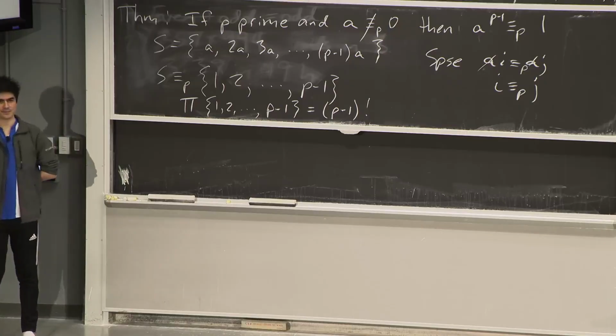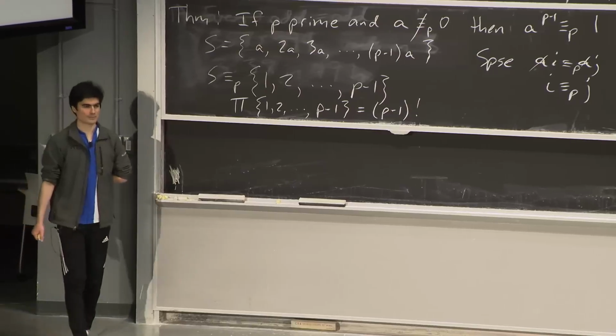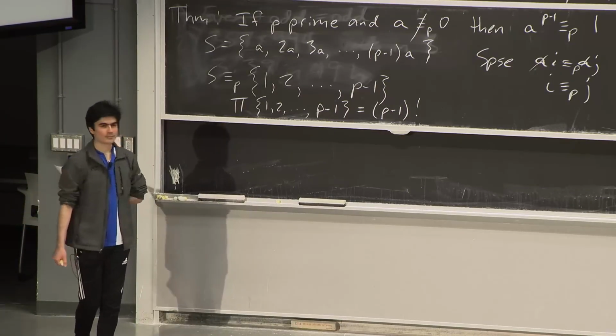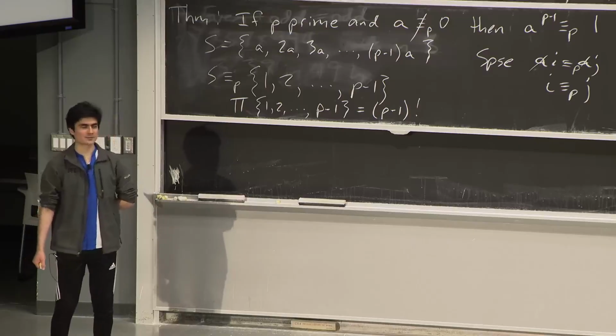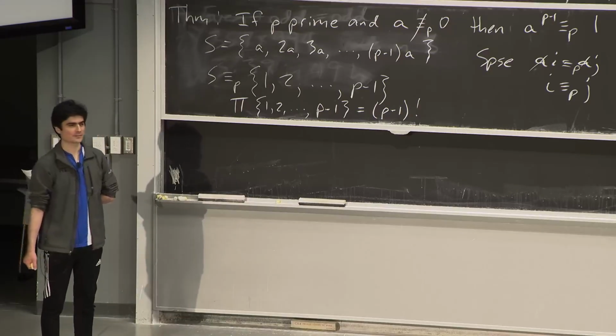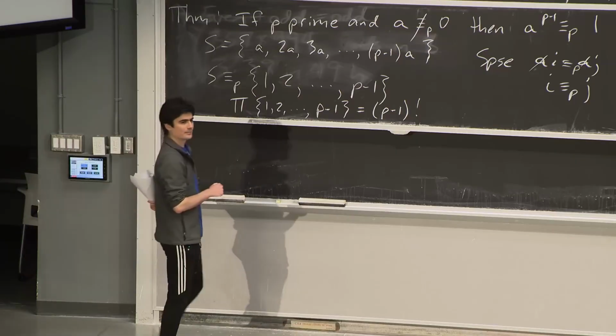What about the other one? Well, the other one is going to be the same, except we've got a bunch of factors of a, right? How many factors of a?